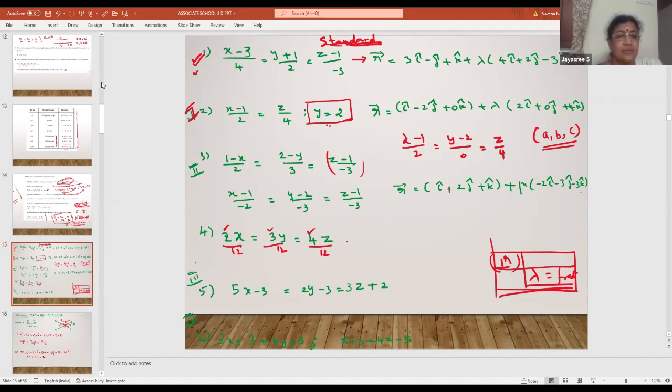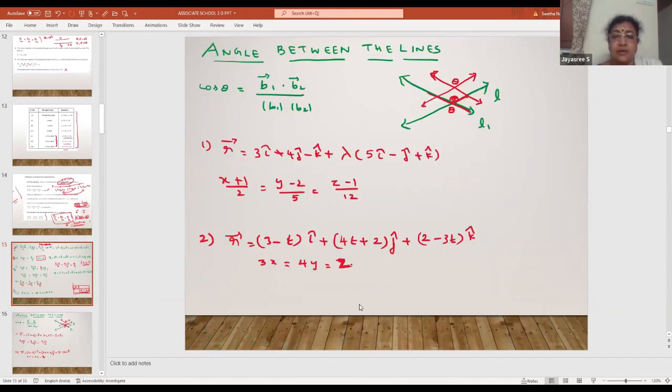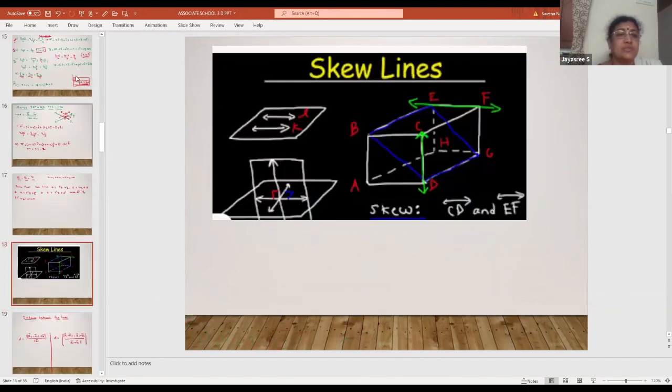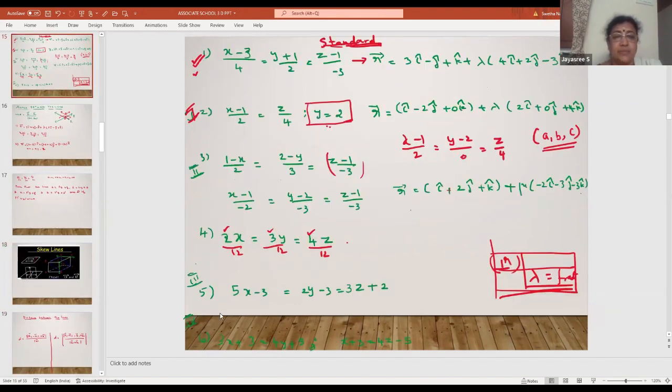So the next pattern coming here is 5x equal to... I think I have a few questions pending. I'll just try to pick it up. The design is okay, I'll make it by myself, no problem. Here, 5x minus 3 equal to 2y minus 3 equal to 3z by 2.